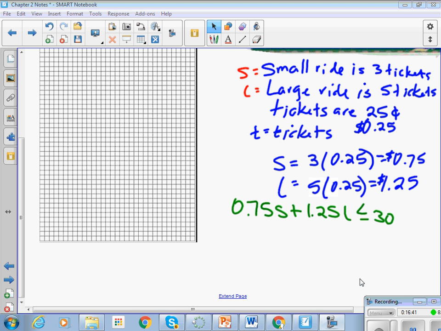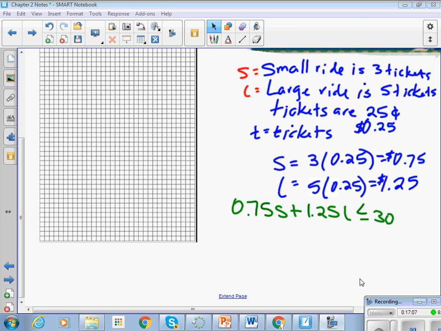Each ticket's 25 cents, so it's $1.25 to ride a large ride. Now we put our inequality together. We take our number of small rides, multiply it by 0.75, plus our number of large rides multiplied by 1.25, and that has to be less than or equal to our $30 budget.